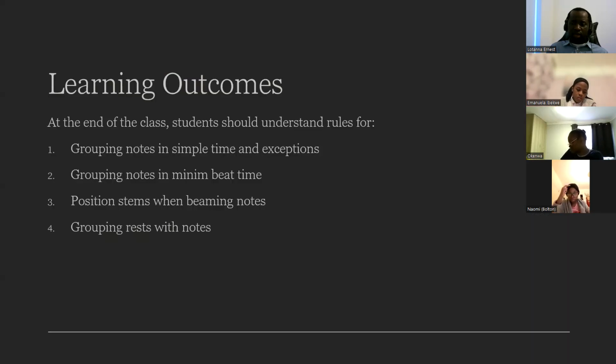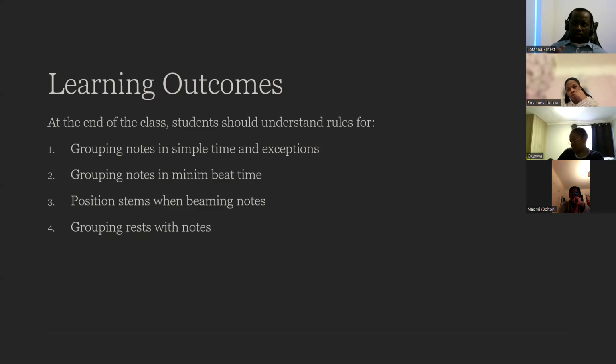Today, our learning outcome will be, by the end of the class, you should be able to know how to group notes in simple time. Now, there are general rules for grouping notes, but there are exceptions. So it's important for you to know both the rules and the exceptions.